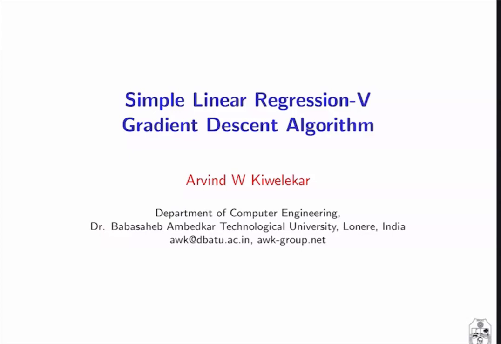So in this video, we are going to discuss the second method to estimate the values of beta 0 and beta 1, that is the y-intercept and slope for the simple linear regression method. The second method I am calling the gradient descent algorithm.